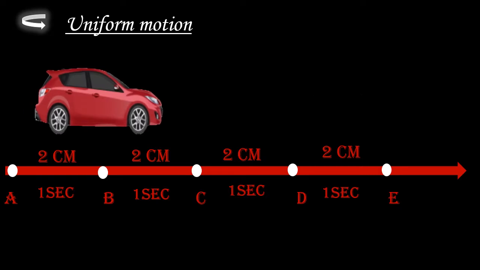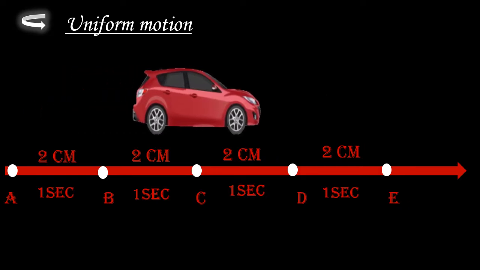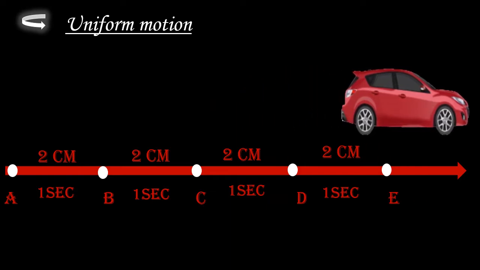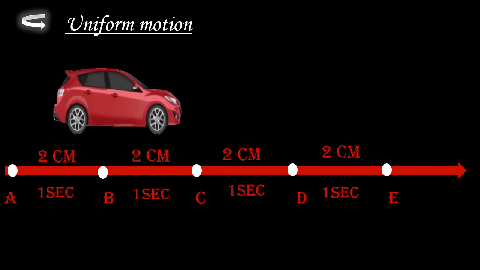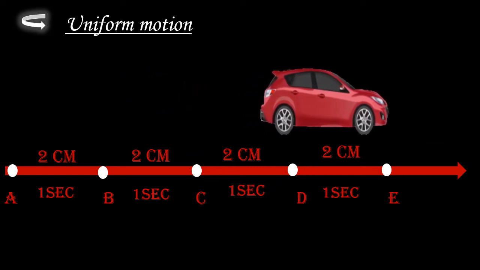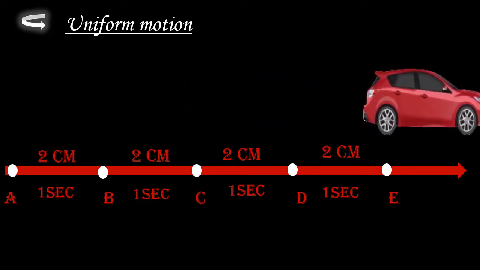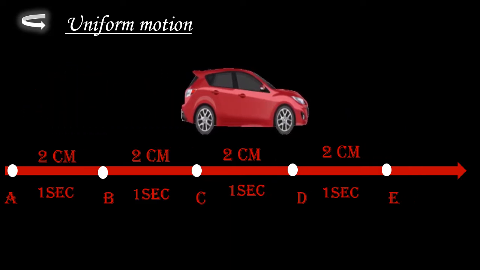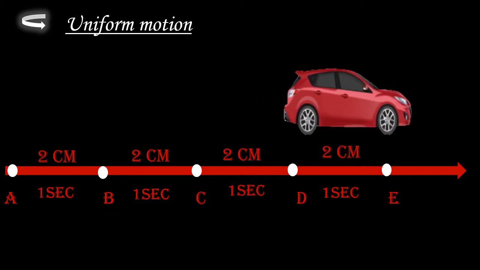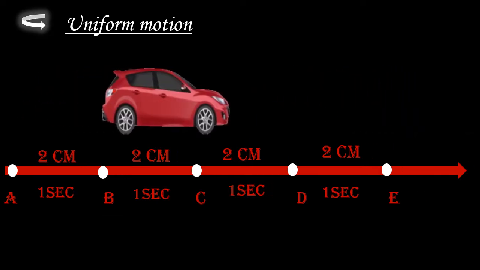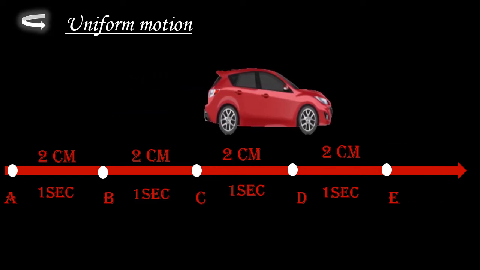Similarly, it covers distances B to C, then C to D, and then D to E, each of 2 cm in every 1 second in a straight line. So we will say that the car is covering equal distances in equal intervals of time along the same straight line. This motion described by the car is called uniform motion.